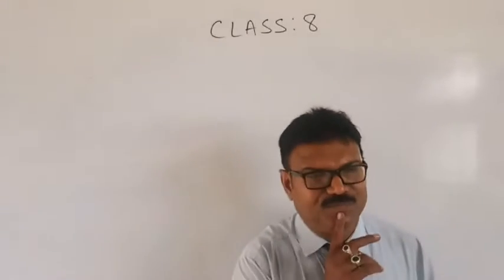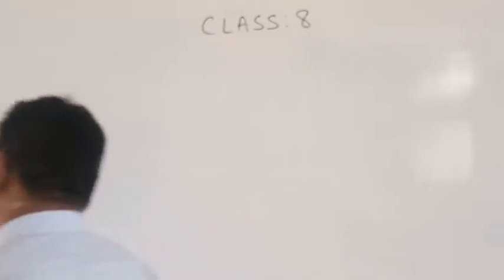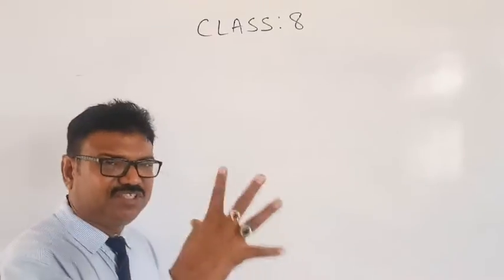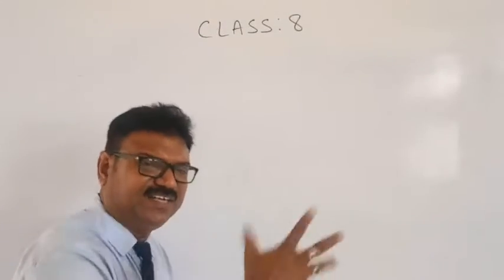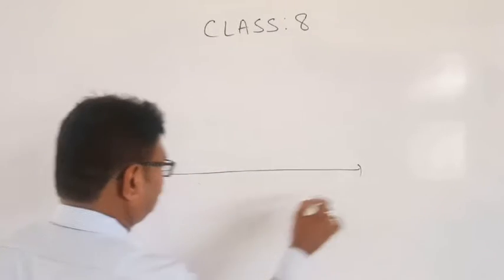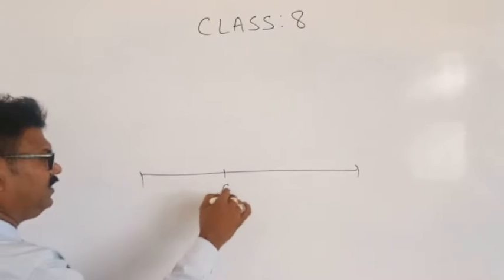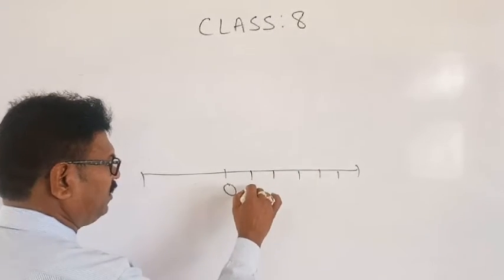See, number line you know? Yes, you know number line? What is a number line? A line on which numbers will be located. Numbers will be represented. That much only. See, for example, we have learned like this. Here 0, 1, 2, 3, 4, 5.